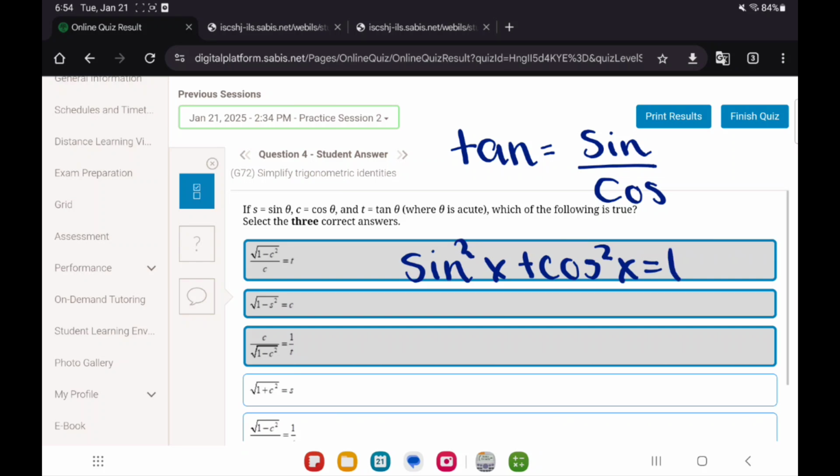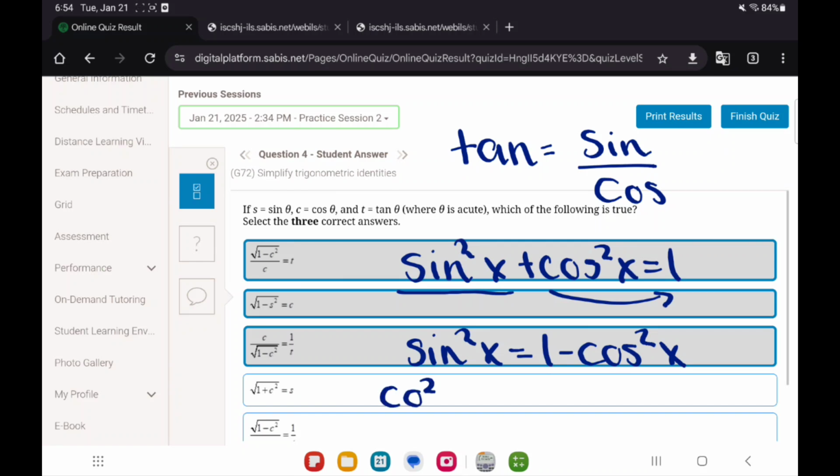Now let's shift it around a bit. If we want only sine squared x, we move that to the other side, so sine squared x equals 1 minus cosine squared x. Or if we want cosine squared x, we move the sine to the other side, we get 1 minus sine squared x. Now remember those, because they will really come in handy.